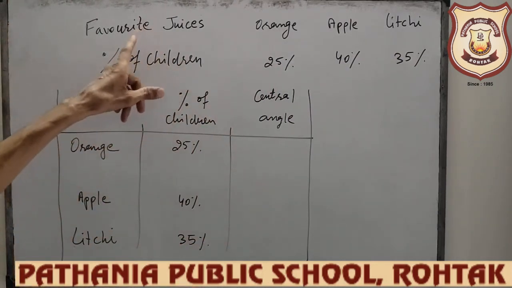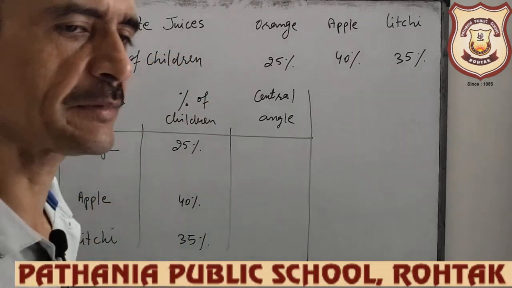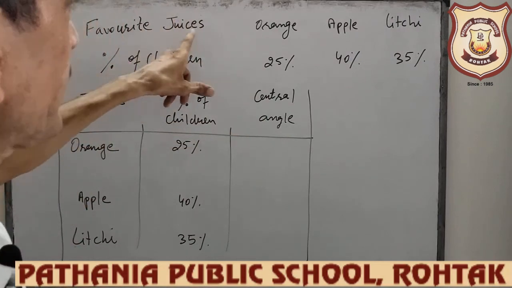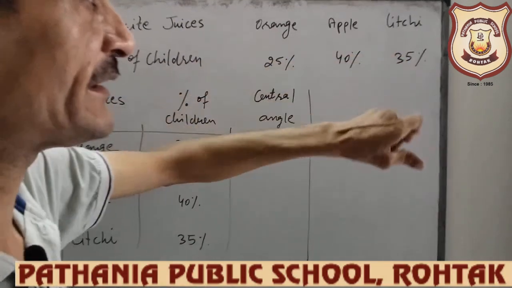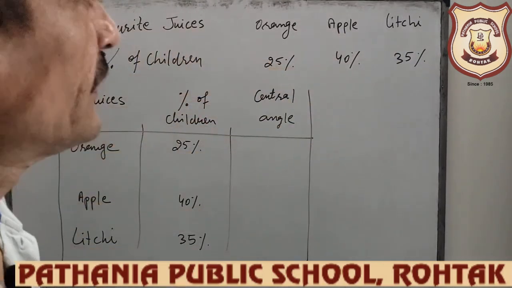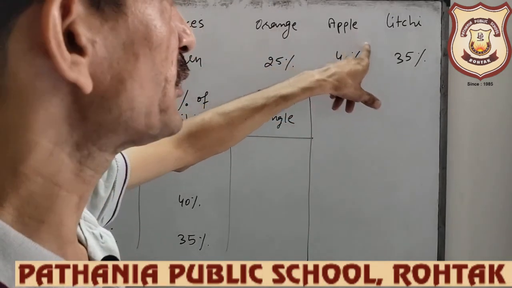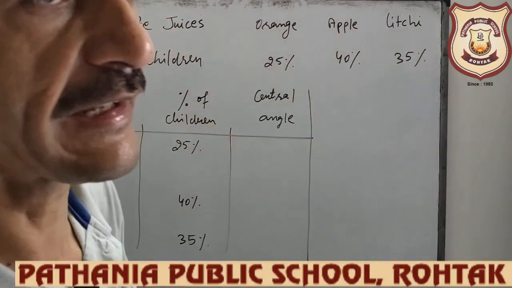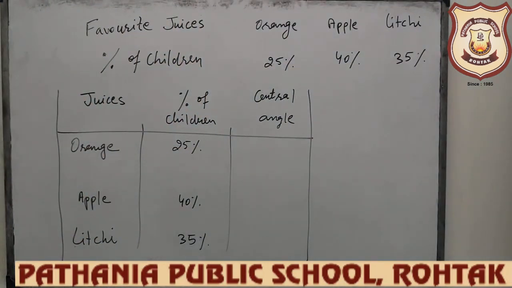In this question favorite juices are given, for example: favorite juice of students is orange, apple and lychee, and the percentage of children who like them is given. 25% like orange juice, 40% like apple juice and 35% like lychee juice. To represent this data through a pie chart.